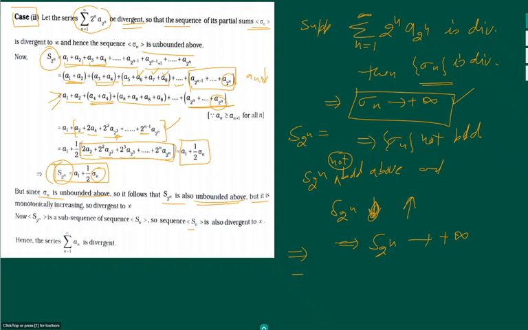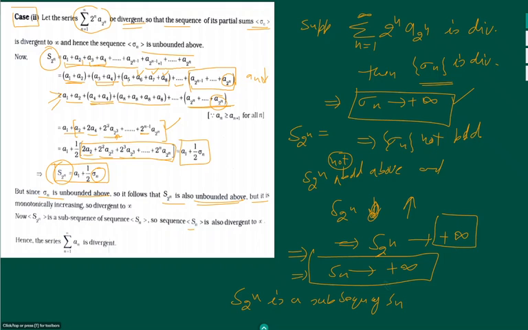Alright, so that implies S_n also diverges to plus infinity, because S_{2^n} is just a subsequence of S_n. If the subsequence diverges to plus infinity, then the sequence also must diverge to plus infinity, because if the sequence is convergent, then every subsequence converges to the same limit.